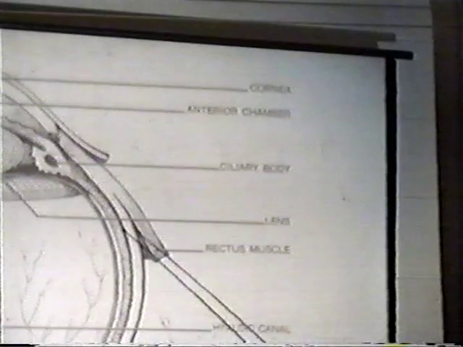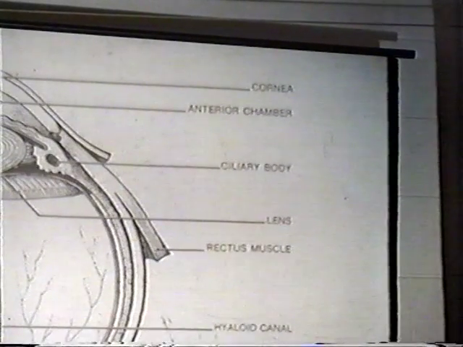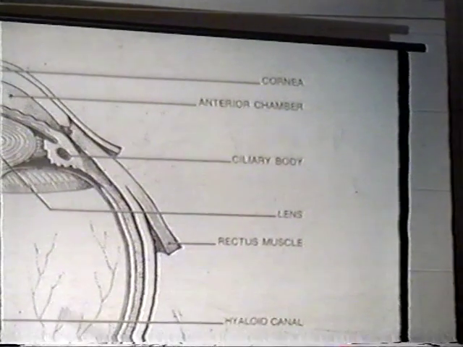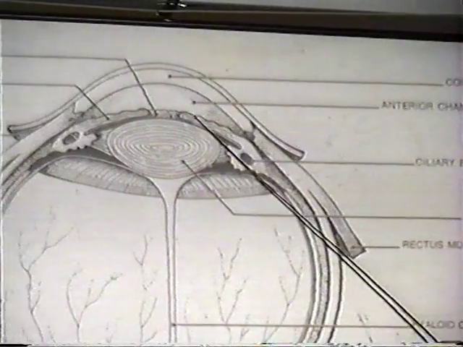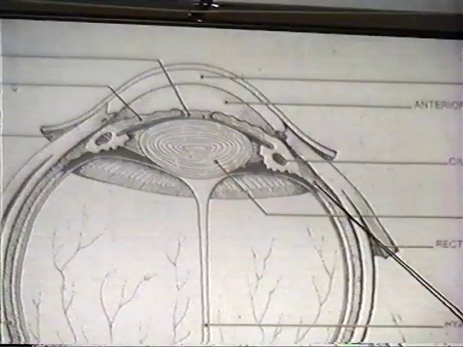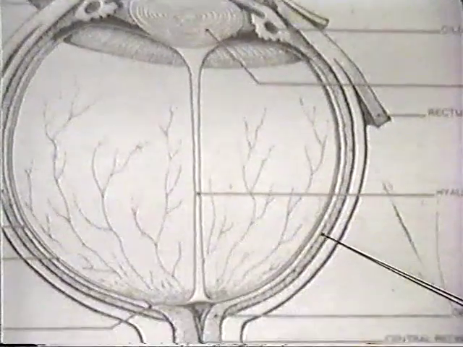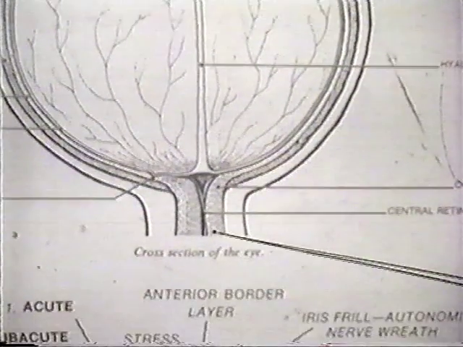Okay? So what we have here is this portion of the iris of the eye is all tied into this area through here, coming right back into the optic nerve.